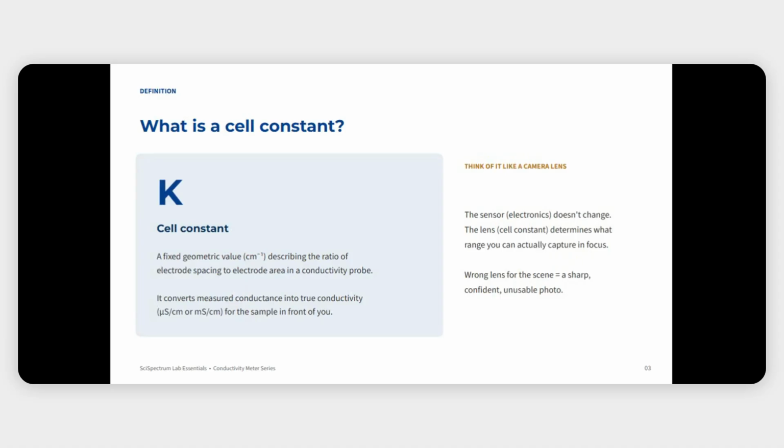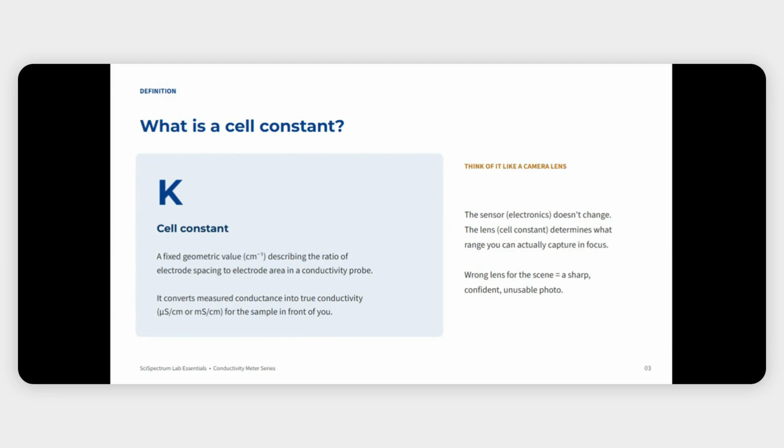So, what is cell constant? In simple terms, K is a fixed geometric value, measured in inverse centimeters, that describes the spacing and surface area of the two electrodes in a conductivity probe. Here's the part that matters. Your meter doesn't measure conductivity directly.